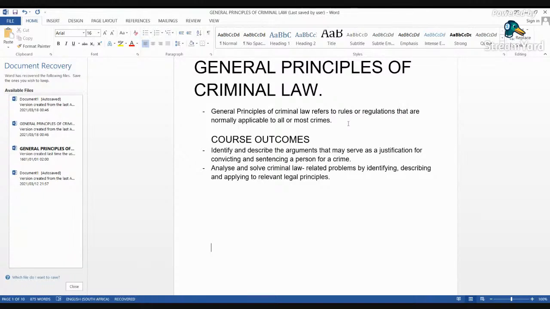That being said, let us move on to the course outcomes, what we expect to achieve at the end of this module. The first is, at the end of the module, we should be able to identify and describe the arguments that may serve as a justification for convicting and sentencing a person for crime.